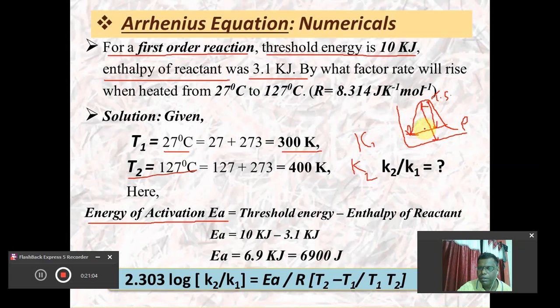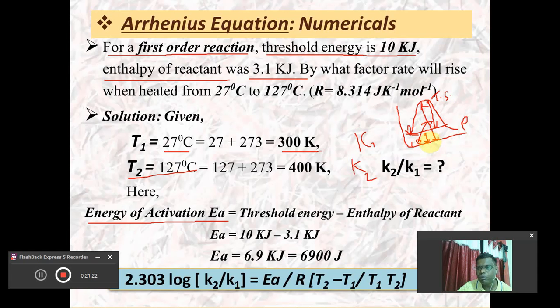I hope you will be able to follow. And this value is given to us. The threshold energy is 10 kilojoule per mole, and the energy difference between this reactant level and this value is called the enthalpy of reactant.